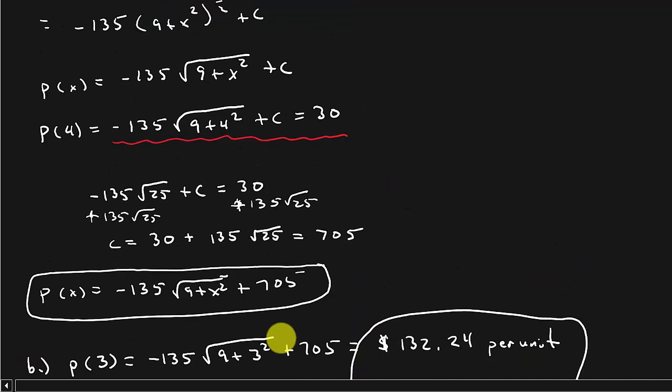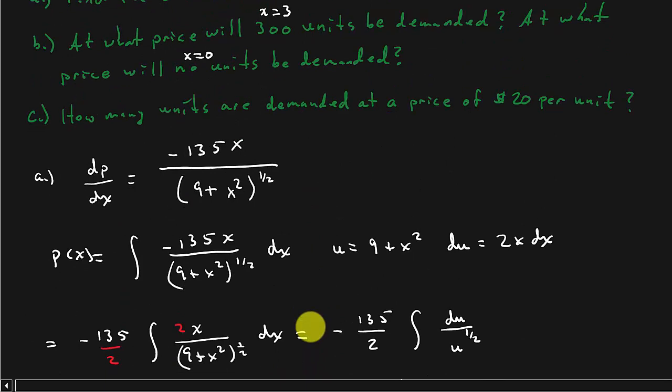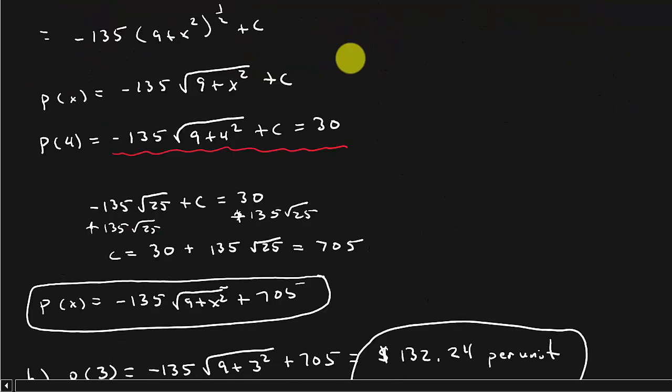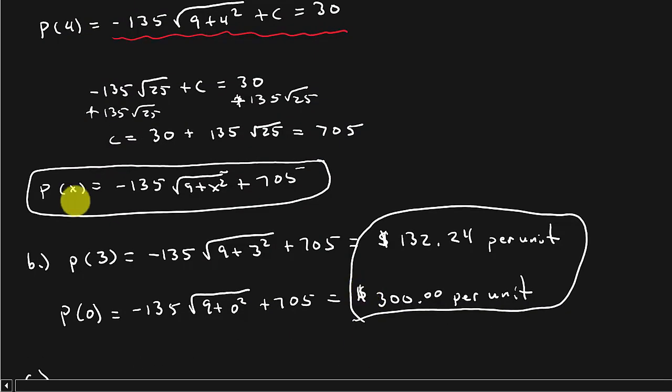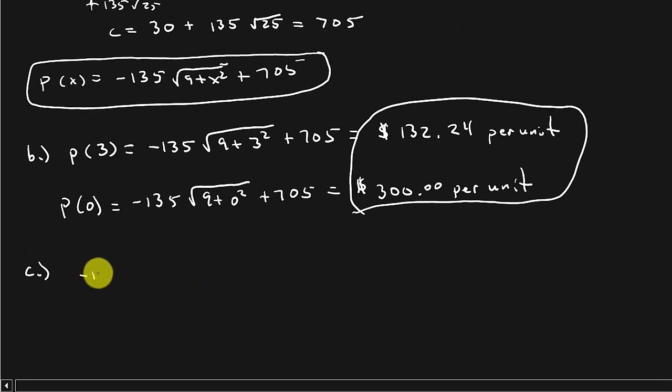And then for part C, it is saying, how many units are demanded at a price of $20 per unit? So if the price is $20, how many units are demanded? So they're wanting us to take this, set it equal to 20, and solve for X. And so that's going to be negative 135 times the square root of 9 plus X squared plus 705 equals 20.